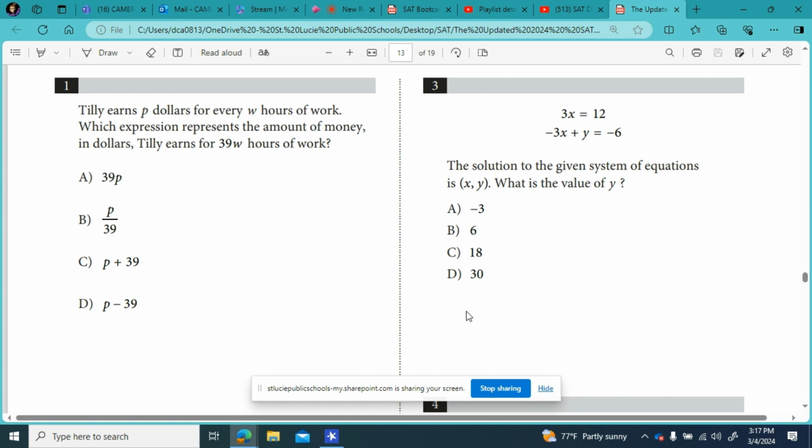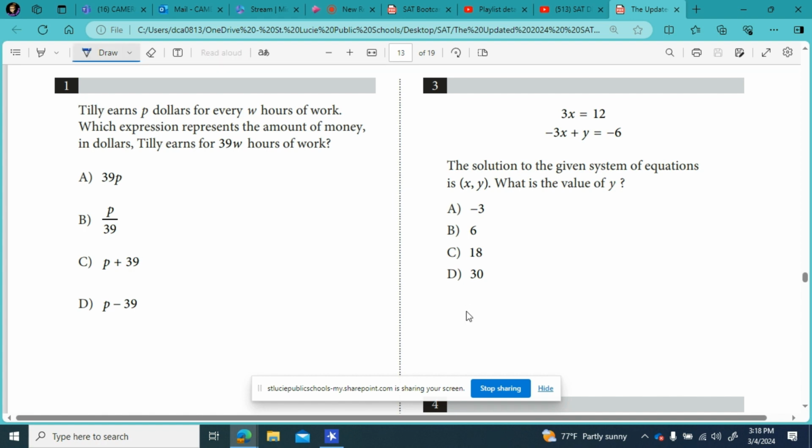Question number 1 says, Tilly earns P dollars for every W hours of work. Which expression represents the amount of money in dollars Tilly earns for 39 W hours of work? So when we look at this, we want to say, okay, so what would we do?